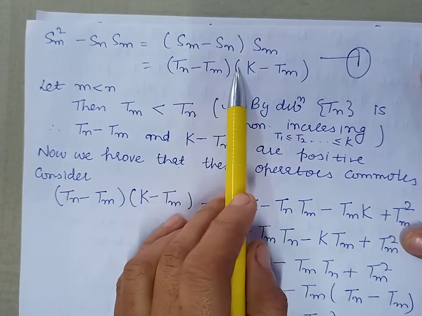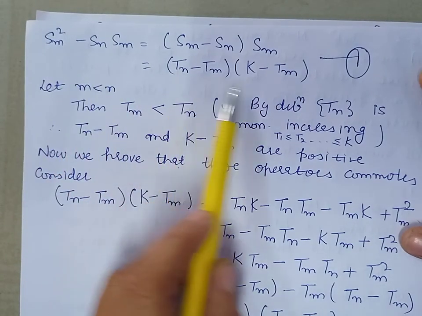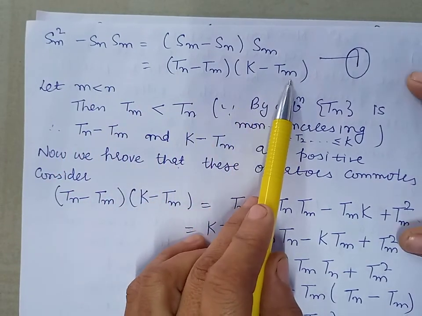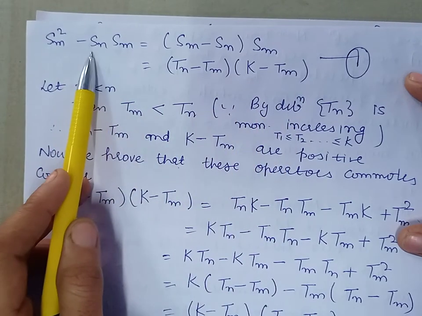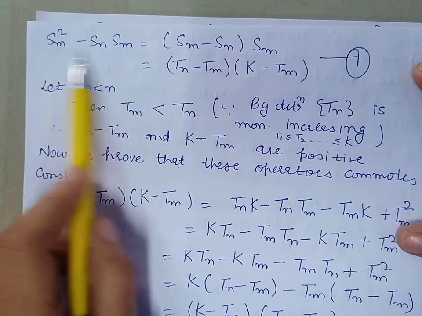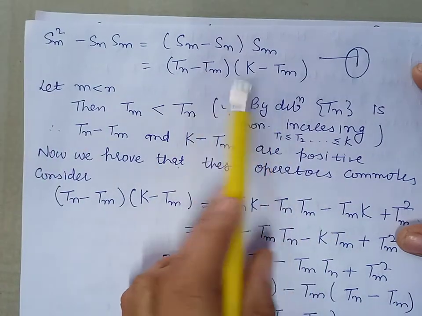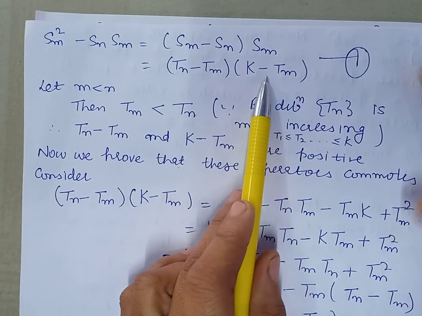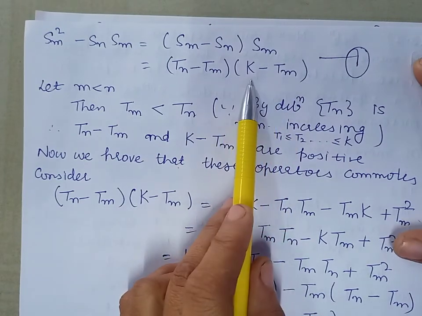So putting the value here, this will become Tn minus Tm into K minus Tm. Now we are to show that this operator is a positive operator. In order to show that it is positive, we will have to show that these two operators commute. First of all, we show that these are positive operators.